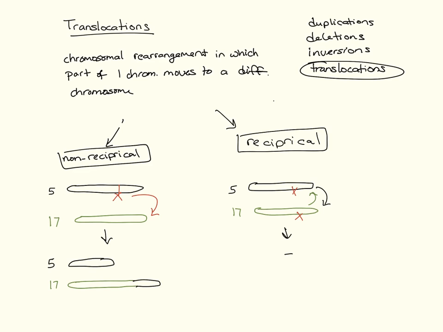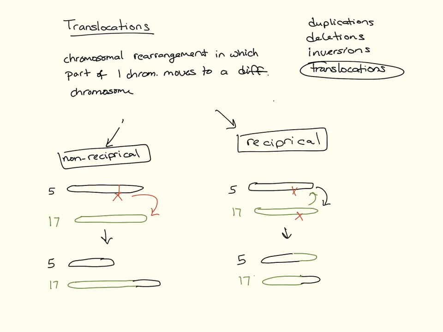So you'll end up with chromosome 5 that has a little bit of 17 on it, and you'll end up with a chromosome 17 that has a little bit of 5 on it.